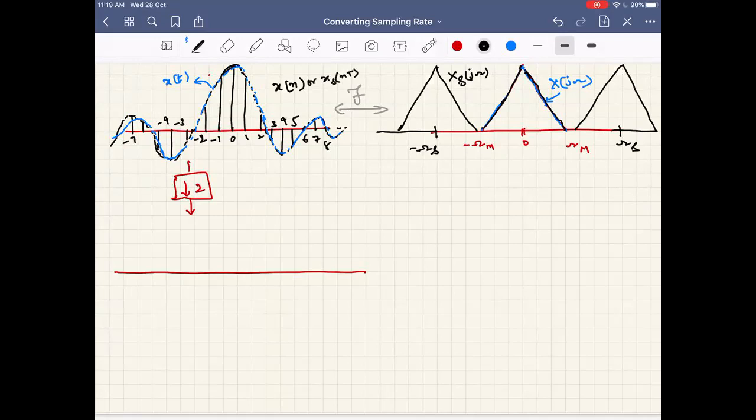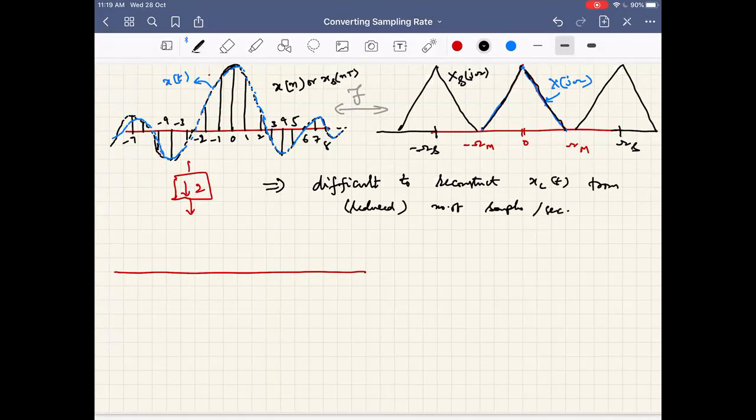If I have fewer samples, it is difficult to reconstruct xc of t from the reduced number of samples per second. That is the effect of downsampling.